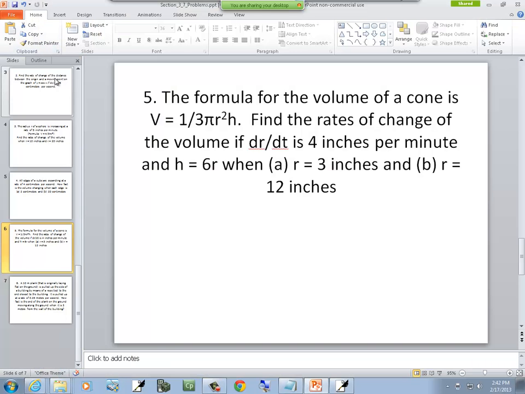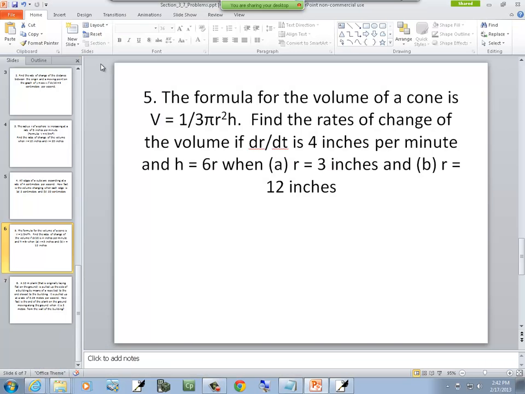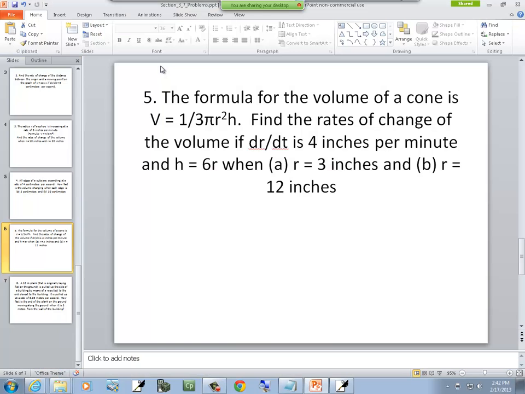The formula for the volume of a cone is V is equal to 1/3 pi r squared h. Find the rate of change of the volume.